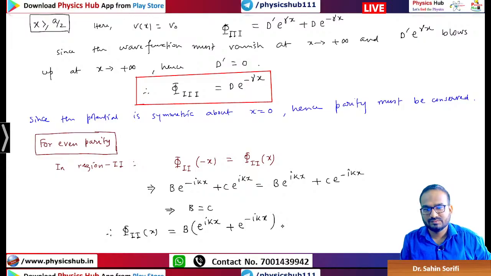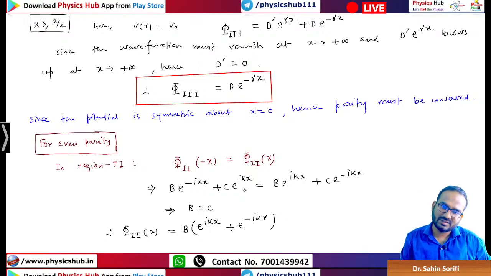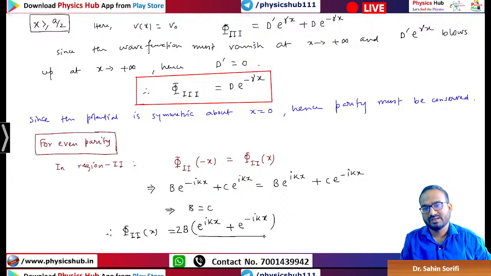Now if you want to express it in terms of sin or cos, multiplying by 2 and dividing by 2, this becomes cos, and 2B, let's take another constant, E. Remember, this is not energy, it is just a constant.